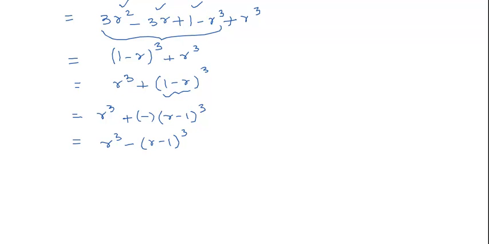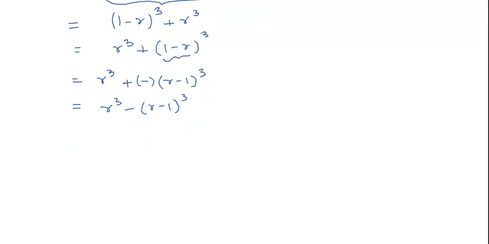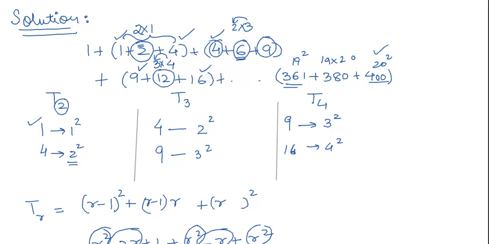Now the given summation can be written as summation of r cube minus r minus 1 whole cube, where r goes from 1, and as we have seen in the last term, r is going up to 20.